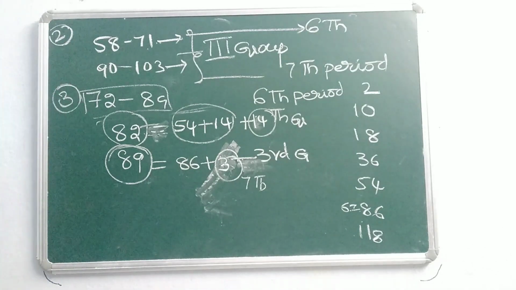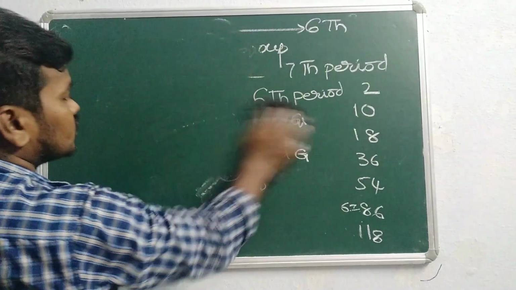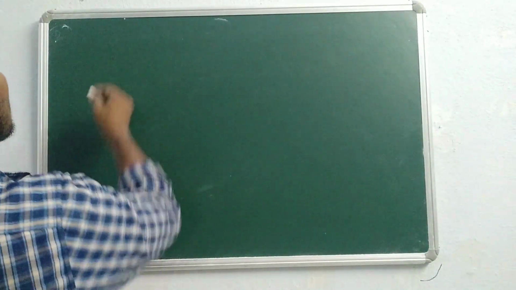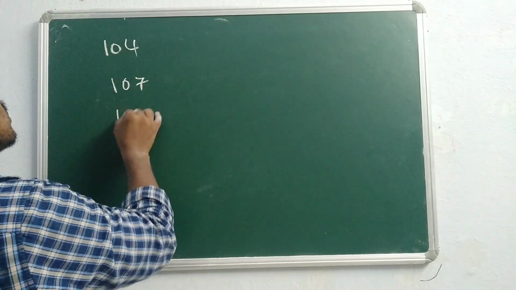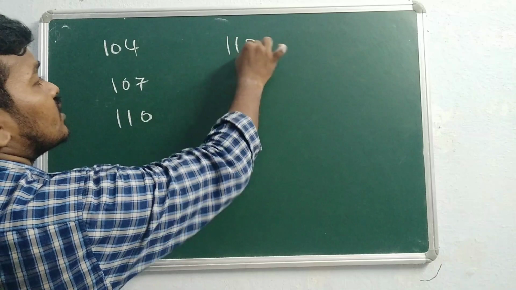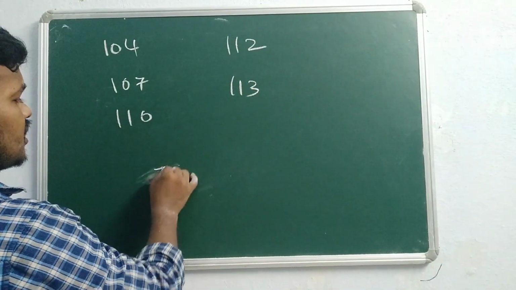Now you can see what about 103, 104? I want to know the group and period number. 104, 107, 110, 112, 113: these all belong to the last period, the 7th period only.